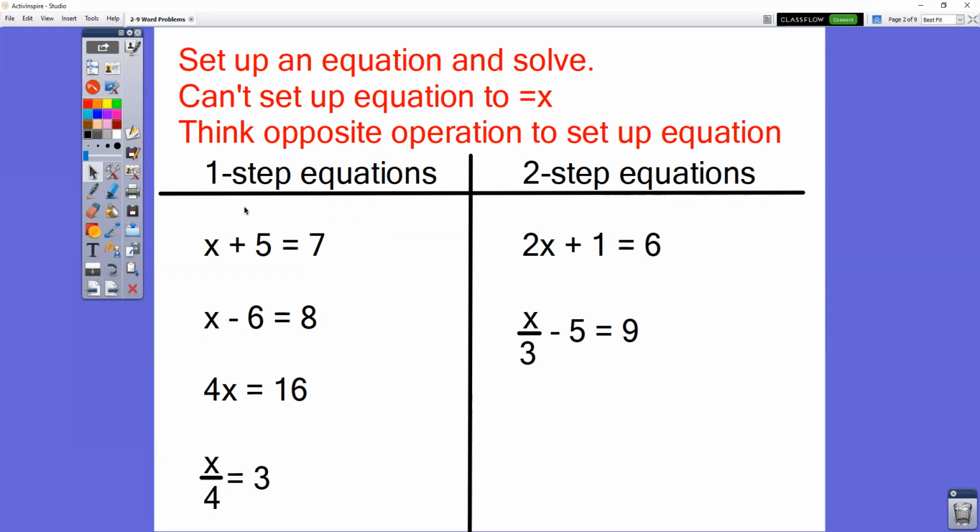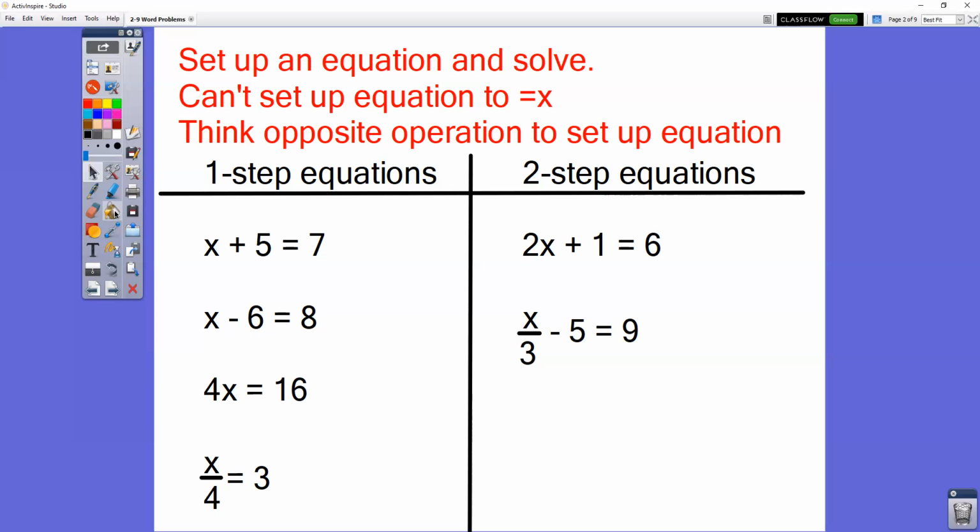When you go to set up an equation, you want to think about the opposite operation. If you think about a normal one-step adding question, normally in one-step equations you always do the opposite operation.